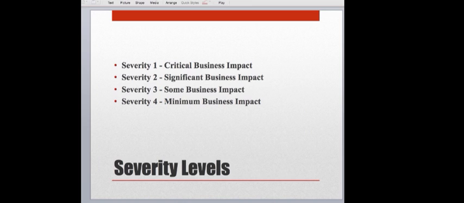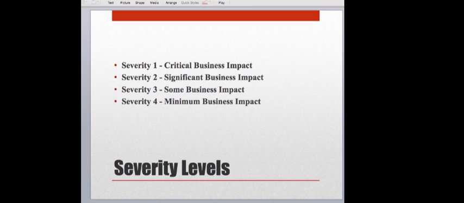Severity level 3 would mean that there is some business impact. So the definition for that would be that there are important features of the software that aren't available, but there's a workaround available. Or maybe there are some less significant features of the software that aren't available, but there is no reasonable workaround for them.